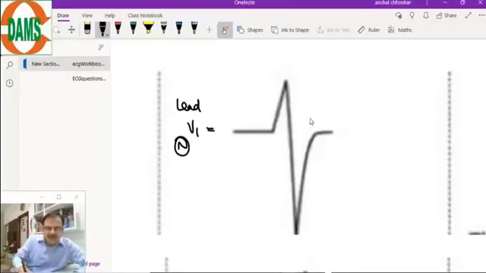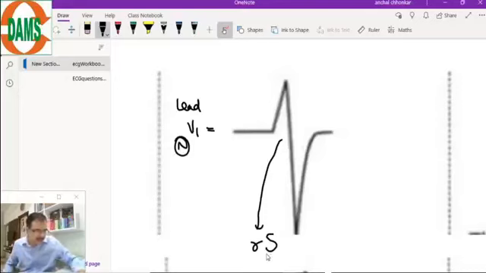Yes, the first positive wave is relatively small, so call it small r, and the S wave appears very deep, so this will be known as capital S. Yes, small r, capital S. Very nice.